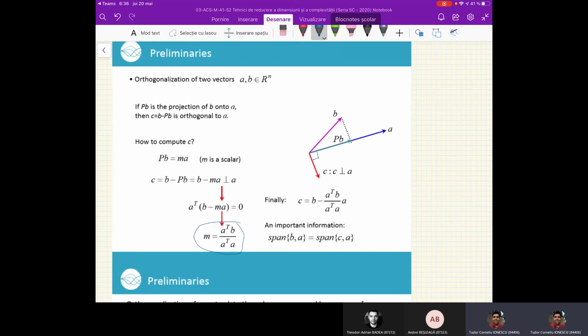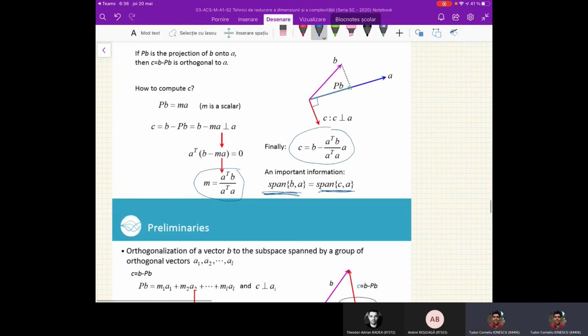An important piece of information: the space spanned by B and the vector A is equal to the space spanned by C, which is this difference between the projection and the original, the space where you project.